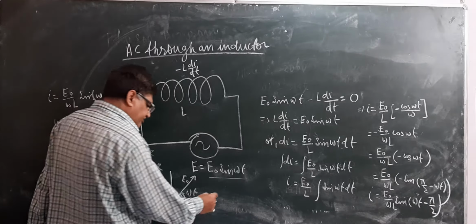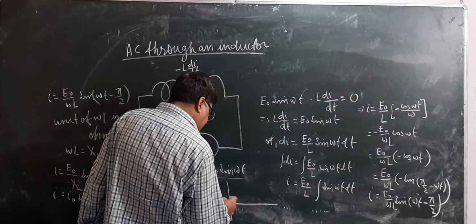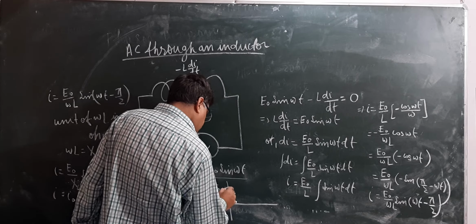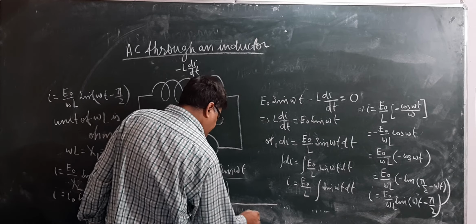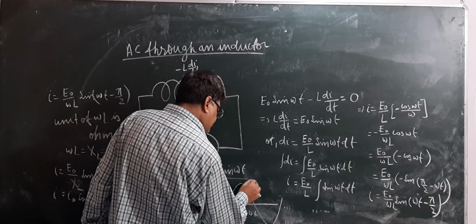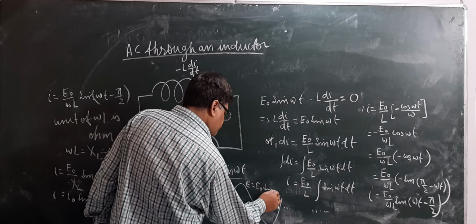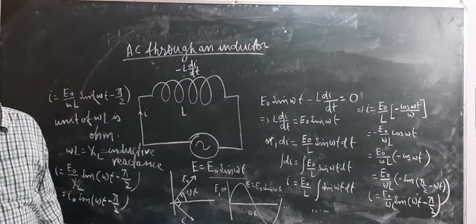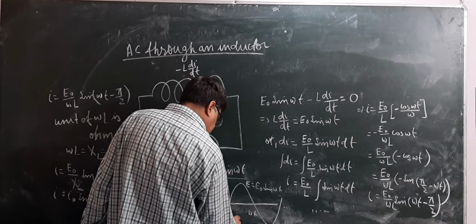If we draw the graph for EMF and the current, we will get it like this. Here we will plot E or I, and here we will plot omega t. For E you will get a graph like this, that is E is equal to E naught sine omega t. And for current, it lags by an angle pi by 2.